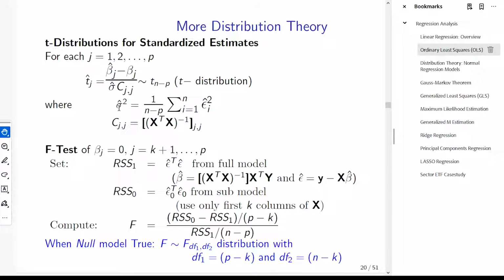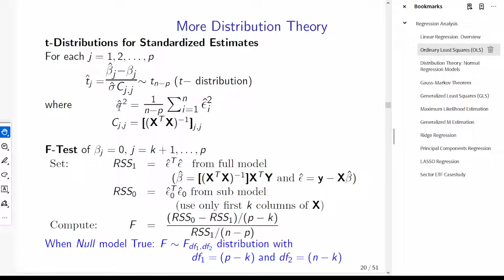Now, if you took a statistics course, I'm sure you came across the t-distribution, which is rather remarkable.